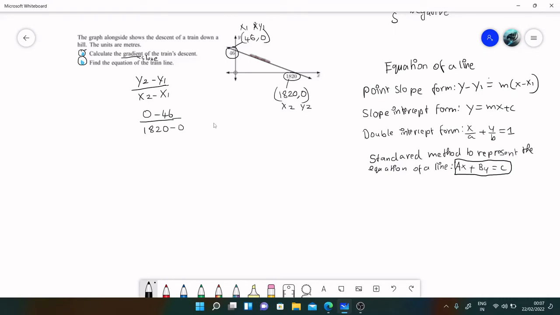That's right? So what do we get? Minus 46 by 1820. And we can simplify that to minus 23 by 910.